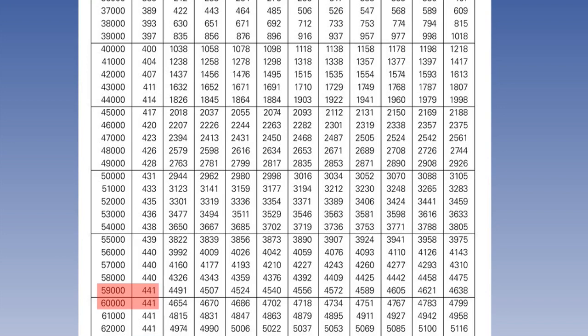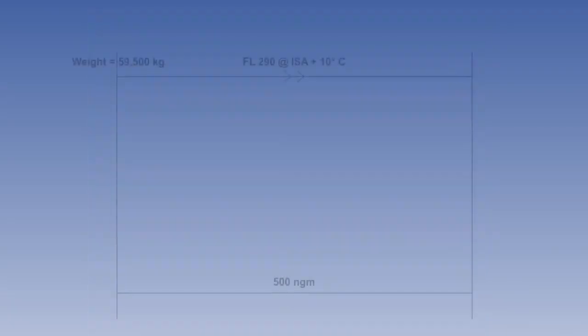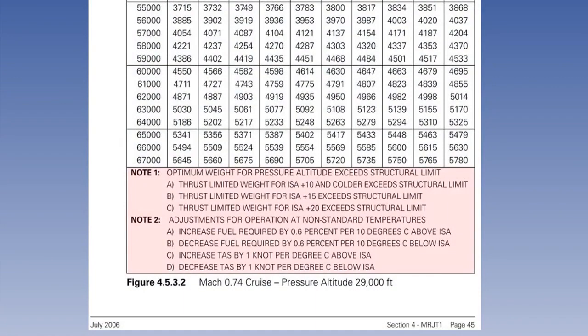Notice, however, that this change of TAS with weight applies only to long-range cruise. If it had been for a 0.74 Mach cruise, for instance, the TAS would not change, and it is given near the top of the table. Our ISA TAS is 441, but we are at ISA plus 10. At the foot of each of the cruise tables are two notes.